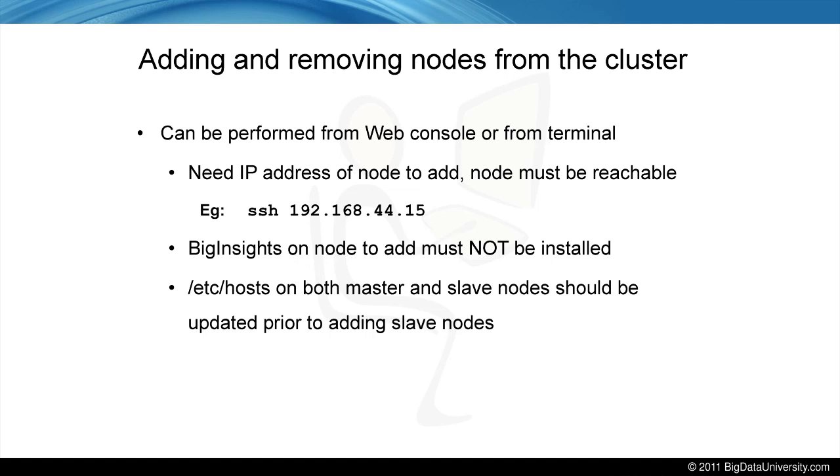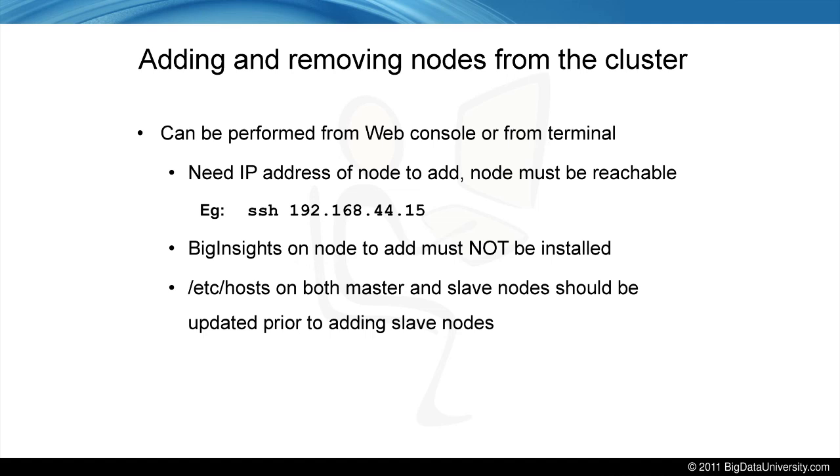Now, when you want to add a node, and this is a slave node, BigInsights or the Hadoop software should not be installed on that node. What you do need to do is update the file /etc/hosts with the IP address and host name of the master and the slave nodes.